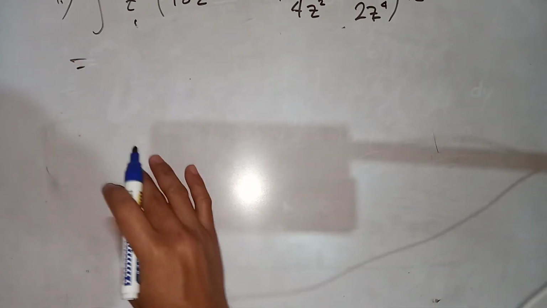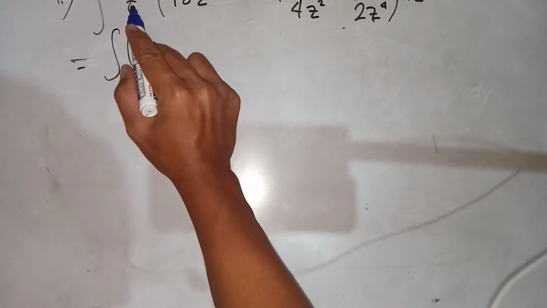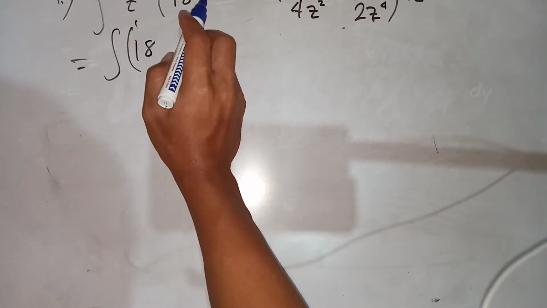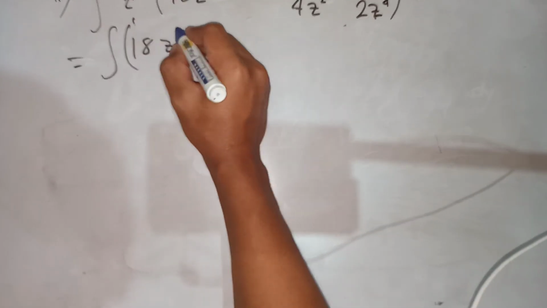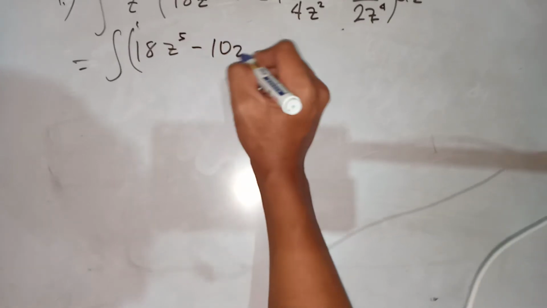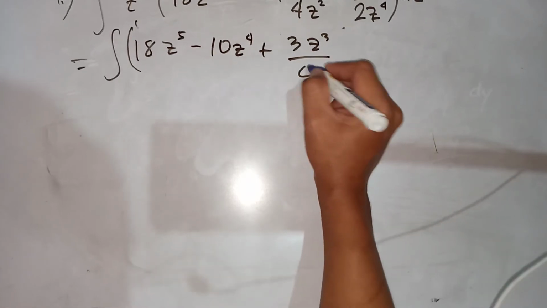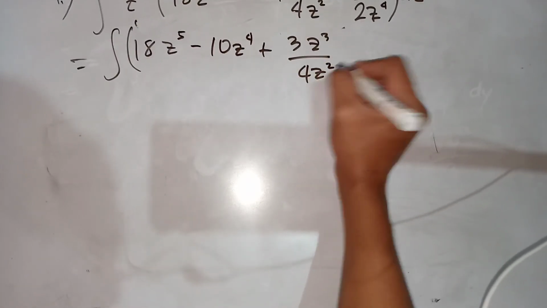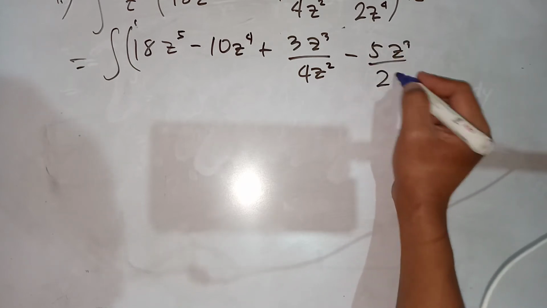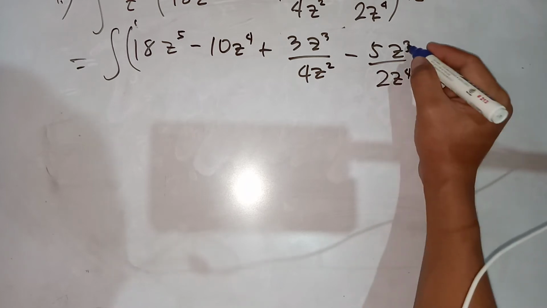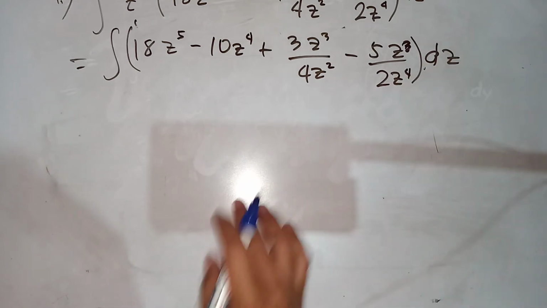And this becomes integration of 18 z cubed times z squared is just z to the fifth minus 10 z to the fourth plus 3z cubed over 4 z squared minus 5z cubed over 2z to the fourth dz.